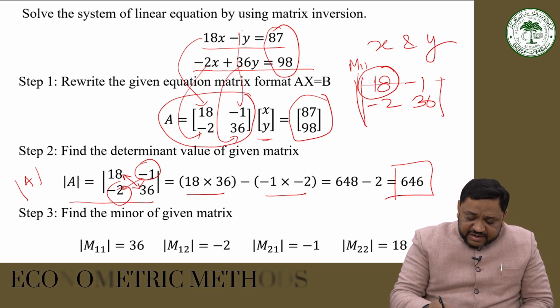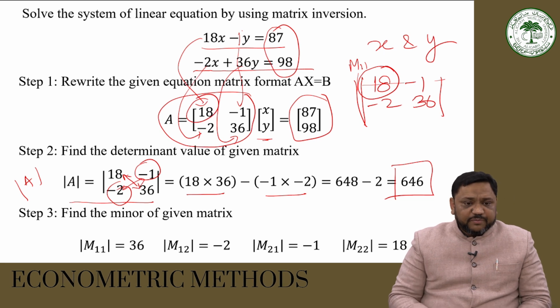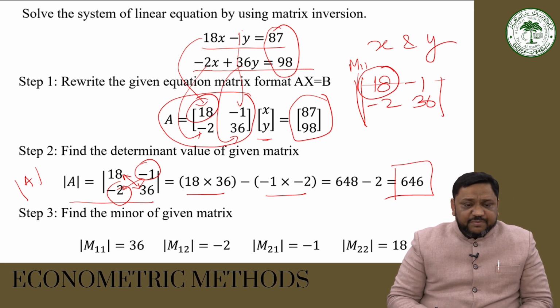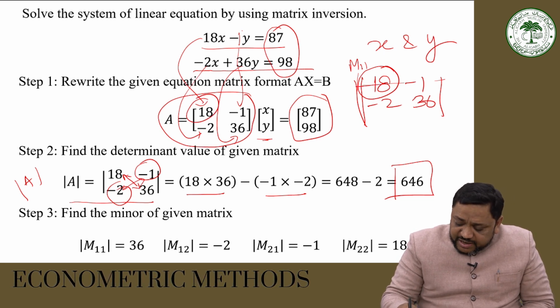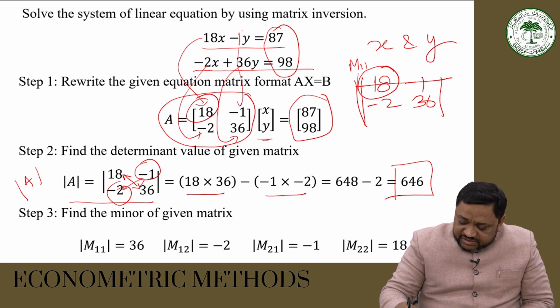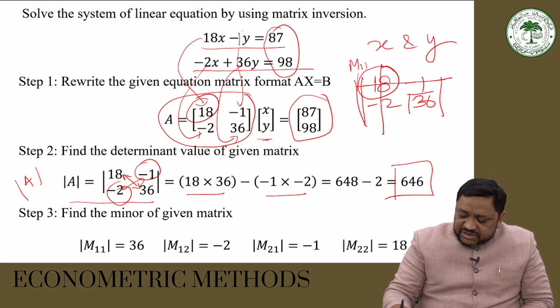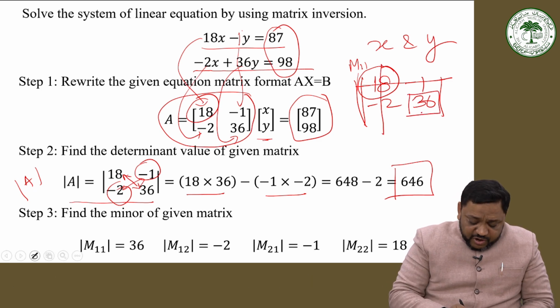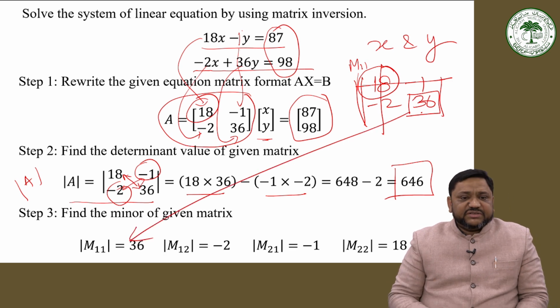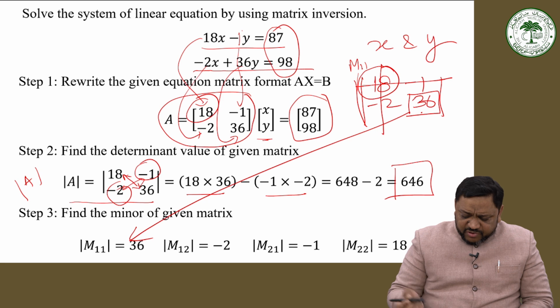So M11 indicates this one. The minor for this can be derived by striking out this row and this column. What is left is 36. So for M11 the minor is 36.